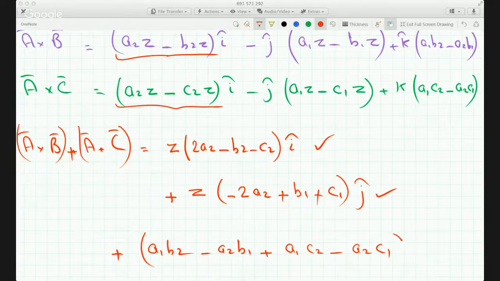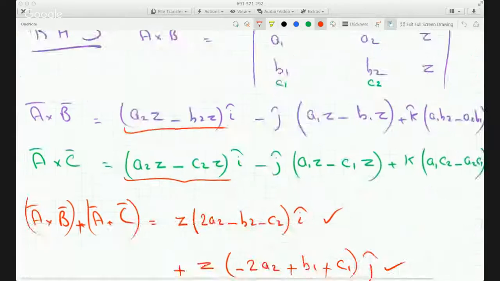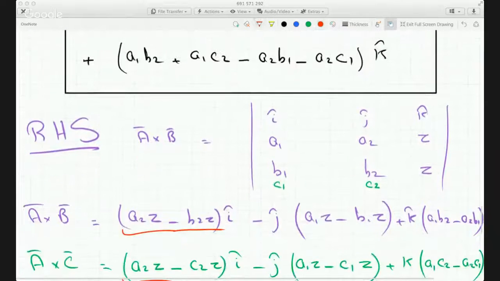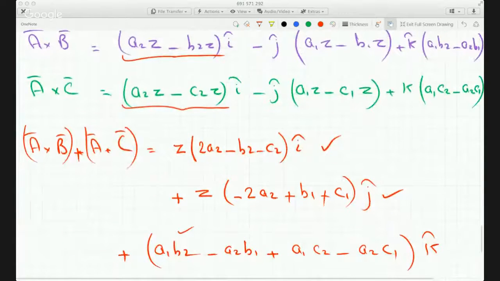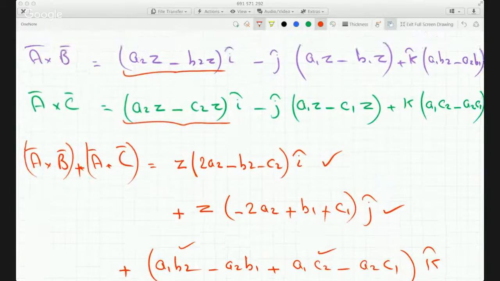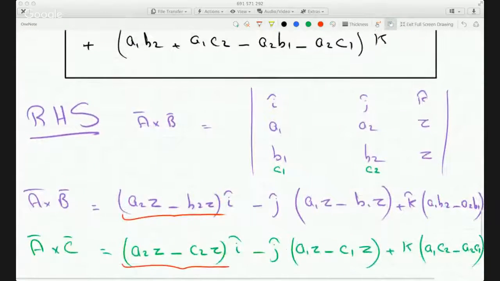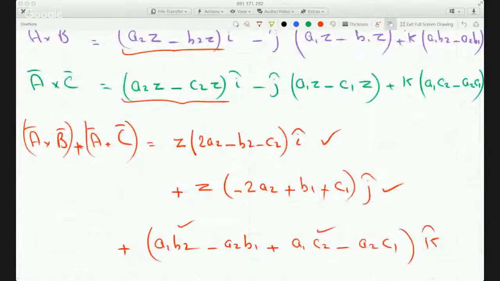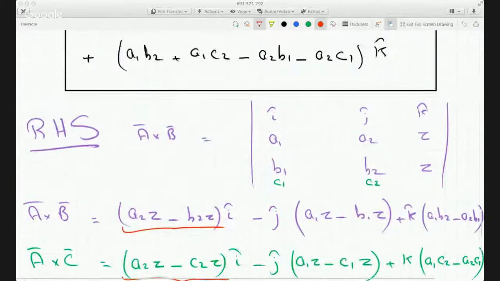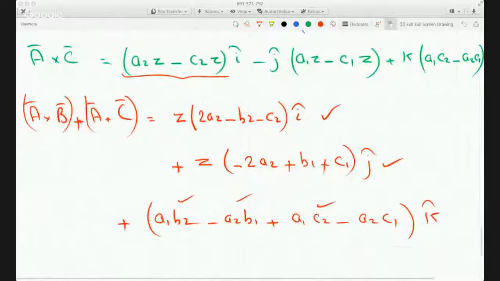And this is all the k component. And if we look, a1b2, a1c2, all good. And then we have minus a2b1, minus a2b1, and minus a2c1. Bingo.